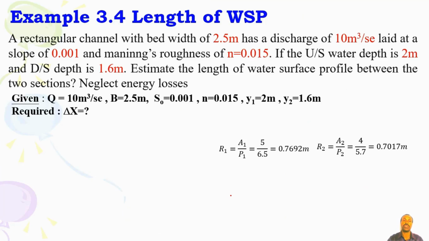So now let's go to the last example, the length of the water surface profile, the length of the GVF profile. One of the learning objectives of this topic is to determine the length of the backwater curve.